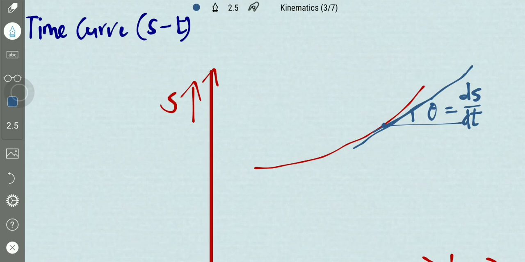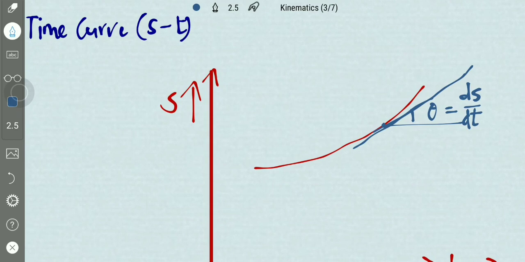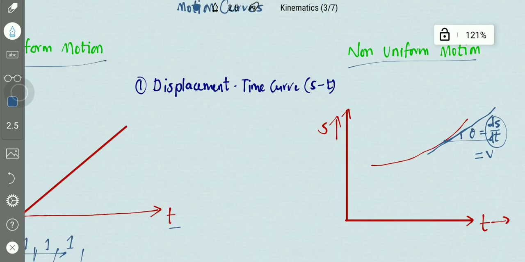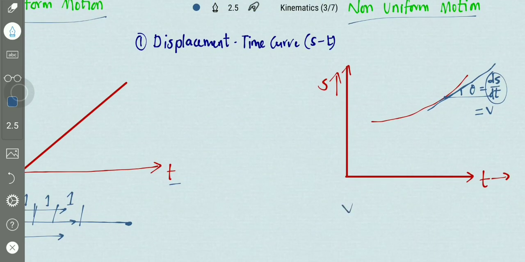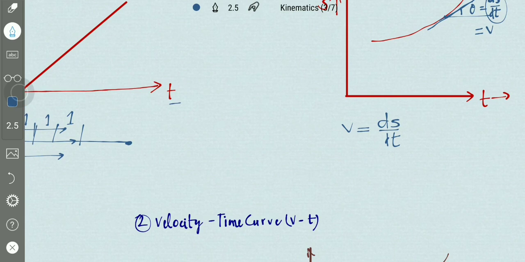Rate of change of displacement is called the slope in this displacement time curve, and this ds by dt is equal to velocity. So velocity is equal to ds by dt, and ds is equal to v into dt. Integrating on both sides, we get s is equal to integral v dt.